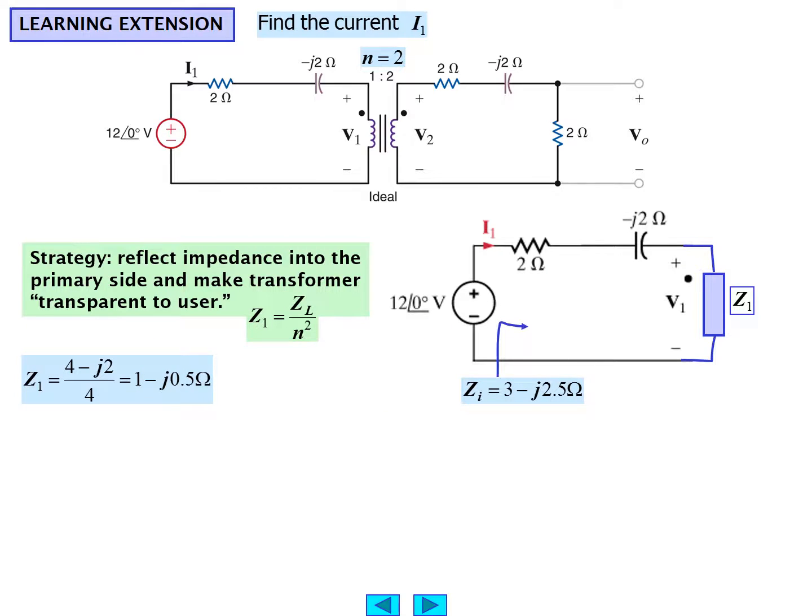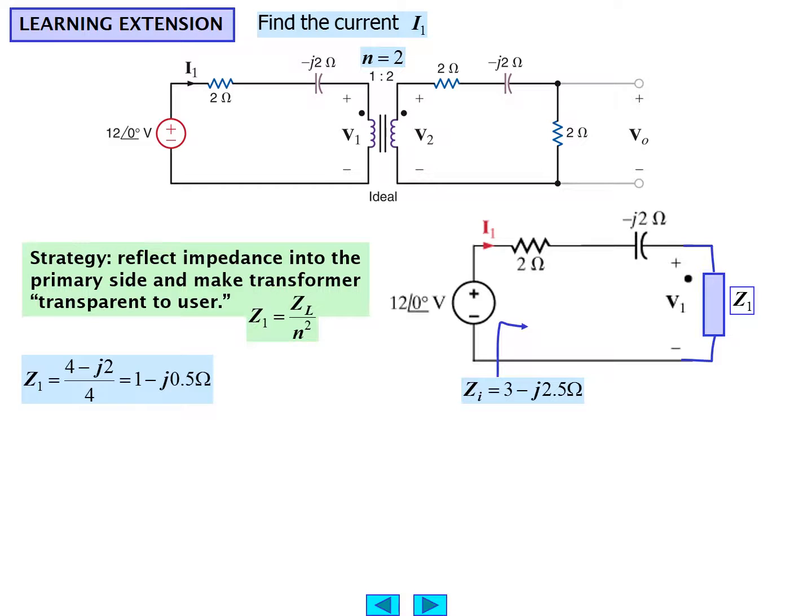So looking into the impedance from the 12 volt angle 0 source, we get a sum of impedances. We get 2 plus 1 is 3. The 1 comes from the Z1. And we get minus j2, and also a contribution of minus j0.5, which comes from Z1.